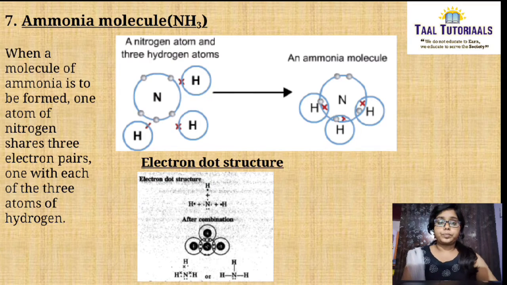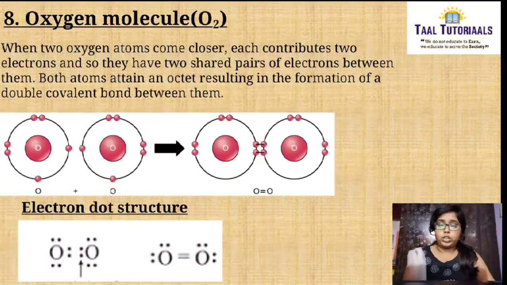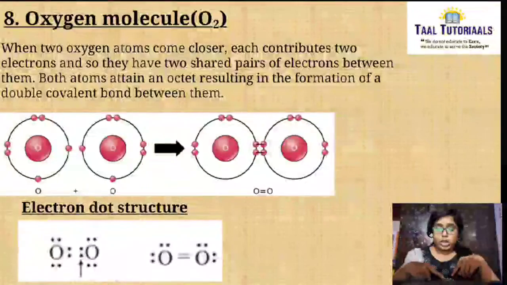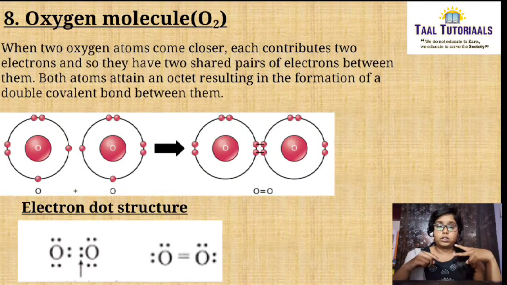Okay. Now if you go next, oxygen molecule. When 2 oxygen atoms come closer, what happens? Each contributes 2 electrons, and so they have 2 shared pairs of electrons between them. See, oxygen has 6 valence electrons in its outermost shell, and it needs only 2 electrons to attain stable electronic configuration.